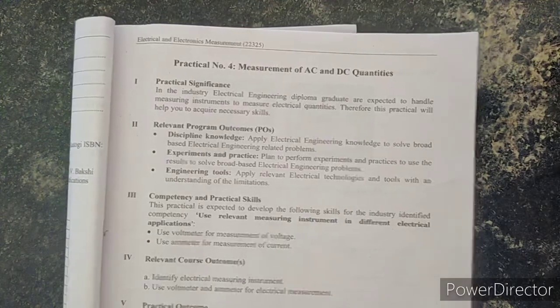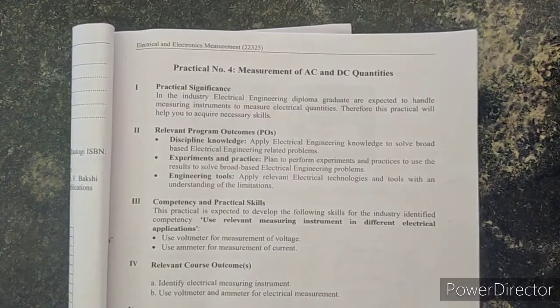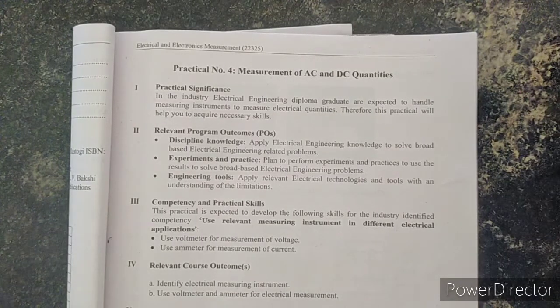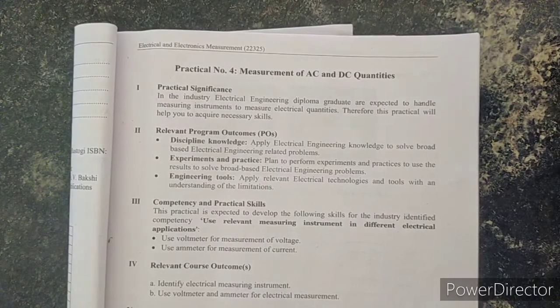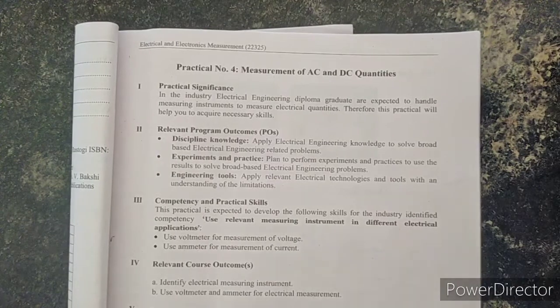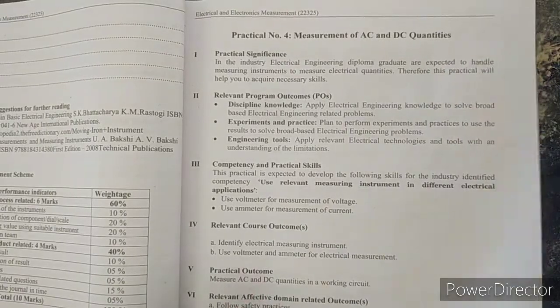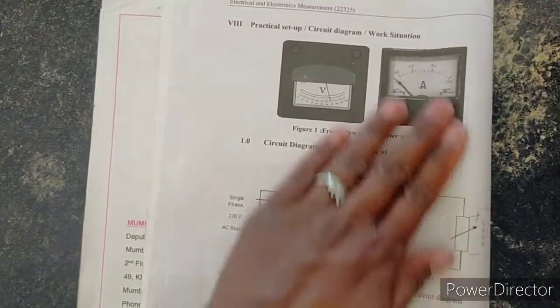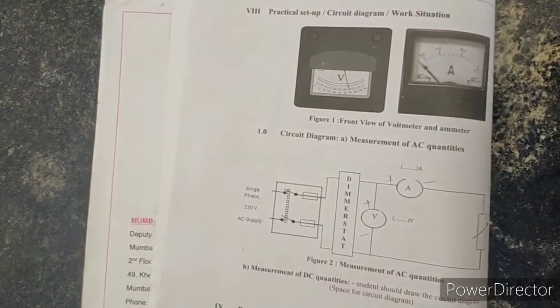For this measurement, we know that we have two main equipments, the voltmeter and the ammeter. We use voltmeters to measure the voltage, and ammeters for the measurement of the current.